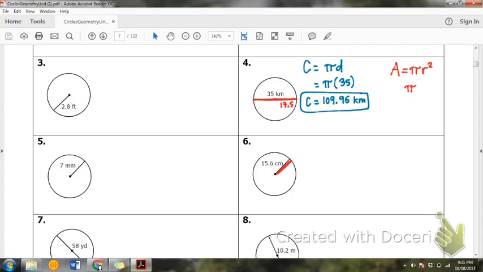So I have pi times 17.5 squared. Remember, order of operations says you need to do this first, 17.5 squared first. So 17.5 squared gives us 306.25 times our pi value.